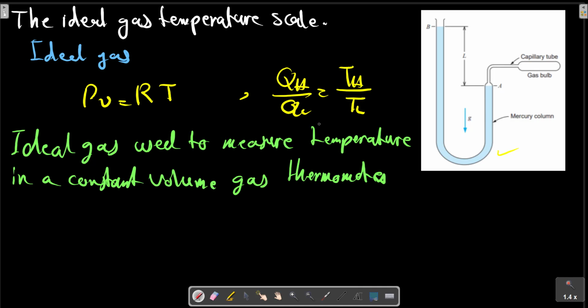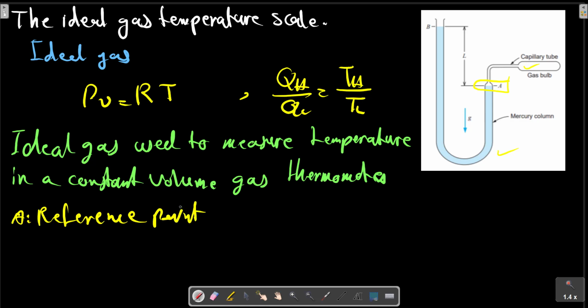Let a gas bulb be placed in the location where the temperature is to be measured. Here, the gas bulb. And the mercury column is adjusted so that the level of mercury stands at the reference mark A. A is the reference point.